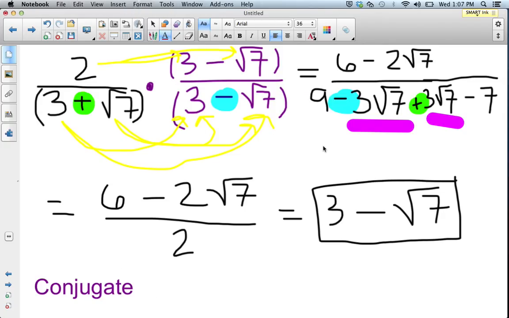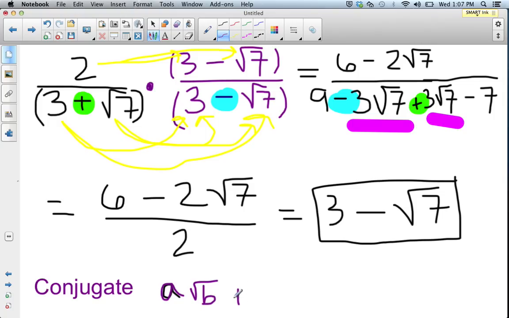And all it is saying is that if you have some expression, let's do it in purple, a square root b plus c square root d, the conjugate is simply changing the sign in the middle.